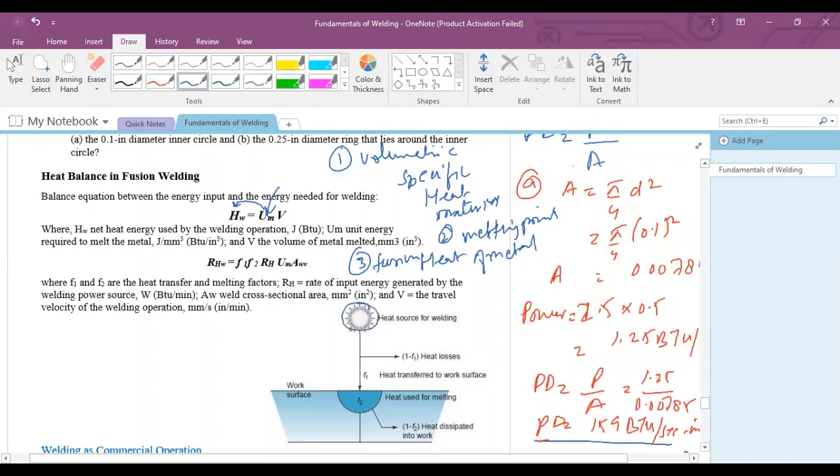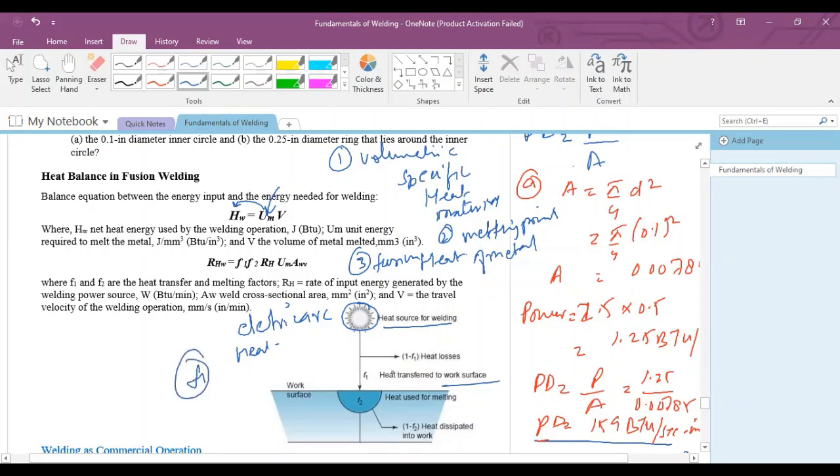There is one heat source in the welding operation. The heat source could be electric current, and due to electric current, heat is produced. As you know, not all the heat will be transferred to the workpiece. Some of the heat will be lost, and it is incorporated by a factor F1.